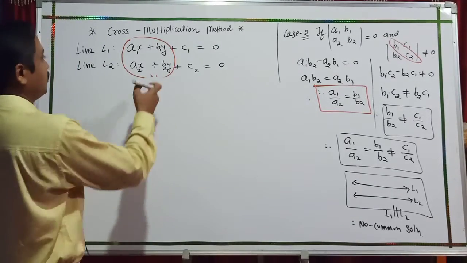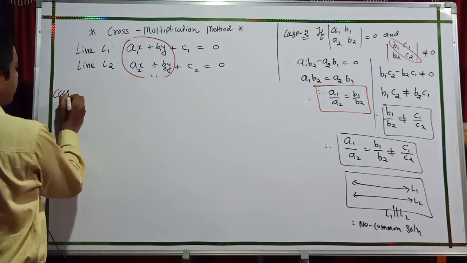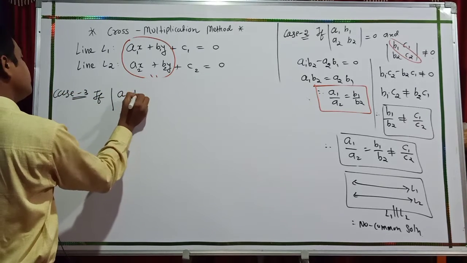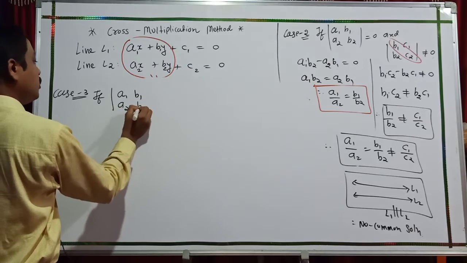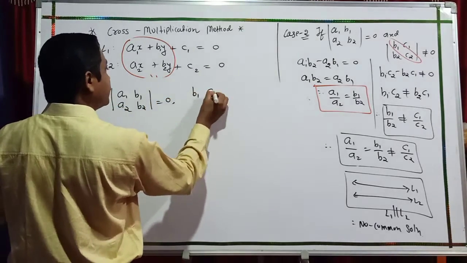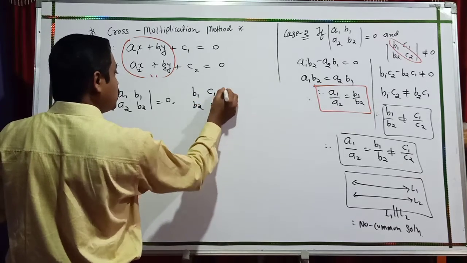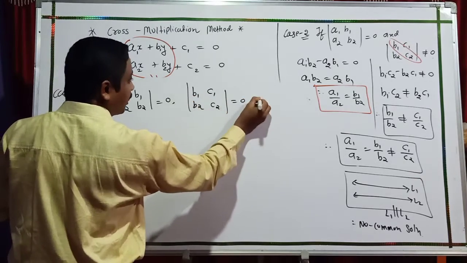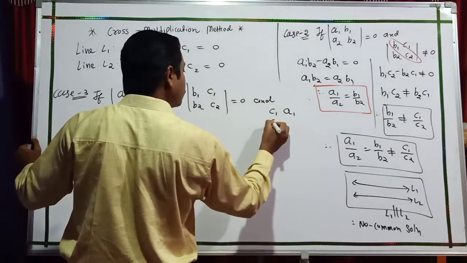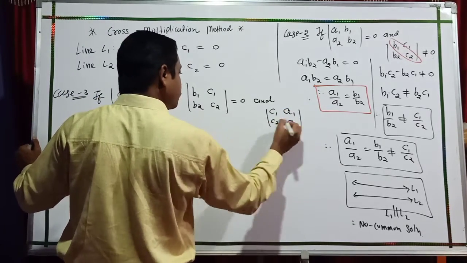But here we are taking case 3. If A1 B1 A2 B2 is equal to 0 and B1 C1 B2 C2 is equal to 0, and the third is also the same, C1 A1 C2 A2 is equal to 0.